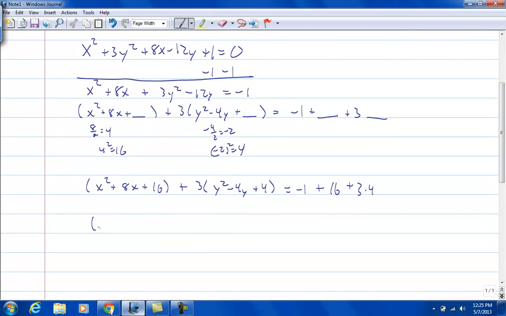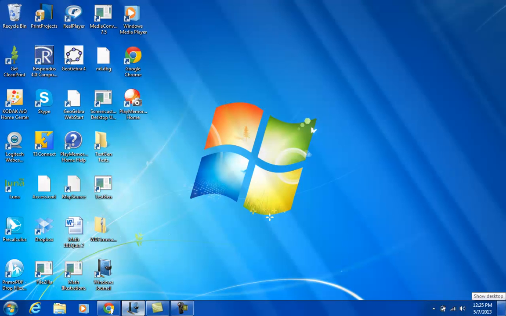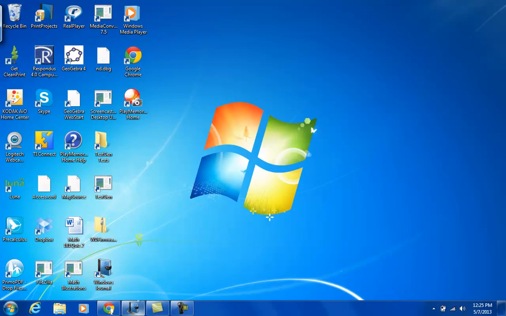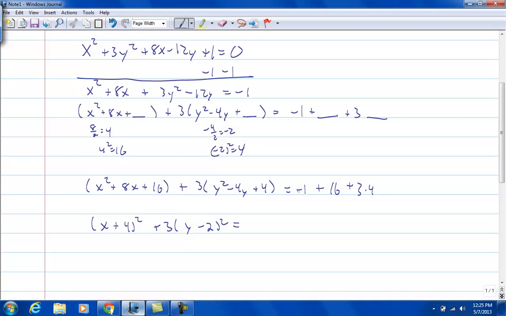So we end up with x plus 4 squared plus 3 times y minus 2 squared equals negative 1 plus 16, which is 15. 15 plus 3 times 4 is 12, which is 27. I hope we're okay with that step.